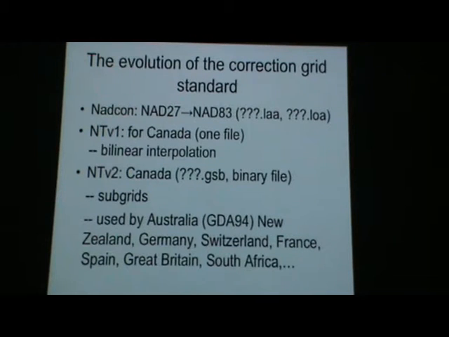It means if you have one grid for Canada, but you have a much more detailed grid for, for example, Toronto, the grid of Canada is 1 degree latitude longitude, for example, but you have a 1 minute or 1 second grid for Toronto, then this one file can contain one large grid for Canada and one small grid for Toronto in the same file. And this format and this standard was used by Australia and some other countries, and practically this became an international standard of correction files.